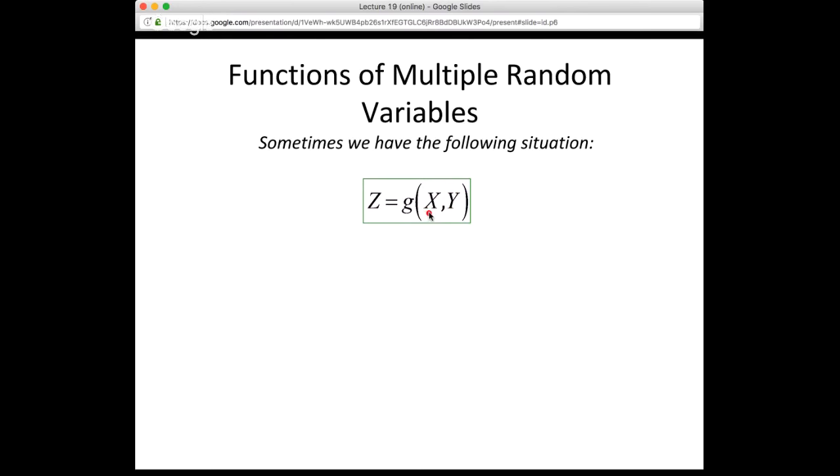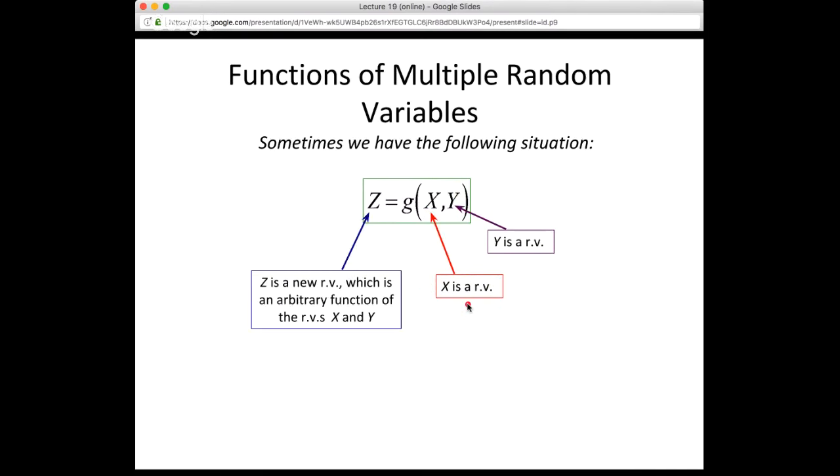So y and x are our independent random variables, and z is a new random variable, which is going to be that arbitrary function of the random variables x and y.